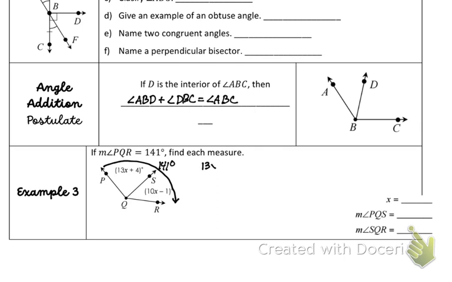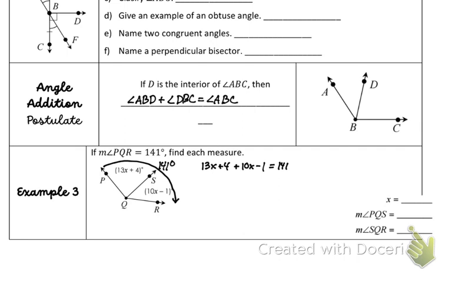We're going to go 13x plus 4, and then we're going to add that 10x minus 1, and that is going to equal that 141 degrees. I'm going to leave the degrees off because you don't need them when you're adding or subtracting. So we have one angle, which is 13x plus 4, plus the other angle, which is 10x minus 1, all equals 141. Does that setup make sense?